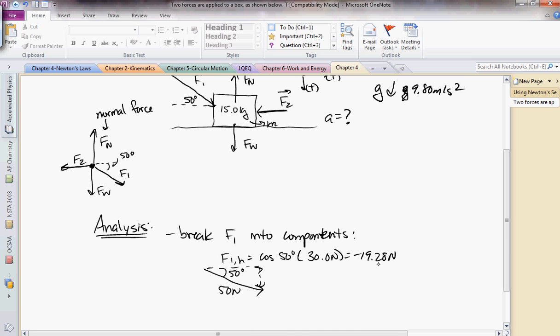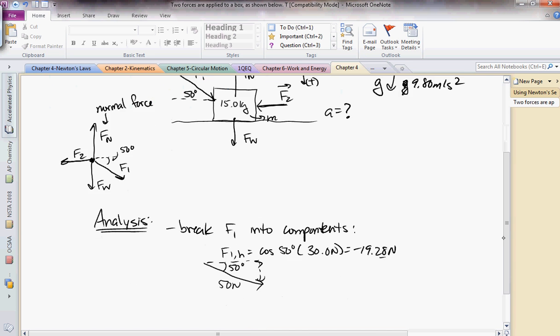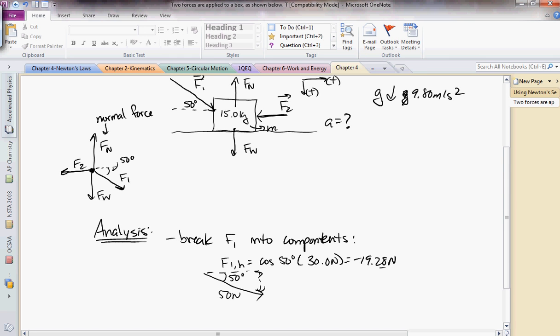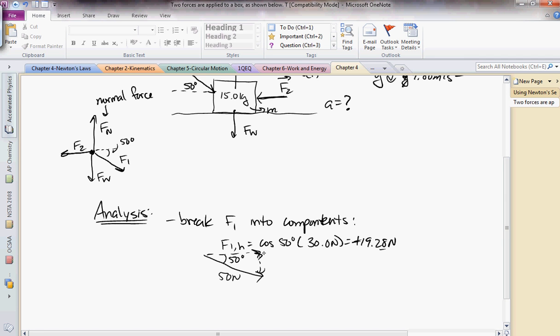Again, carry some extra sig figs there. I put negative there, but according to our coordinate system, to the right is positive. Sorry, made that negative; this should be positive. It's pointing to the right, so it should indeed be positive.